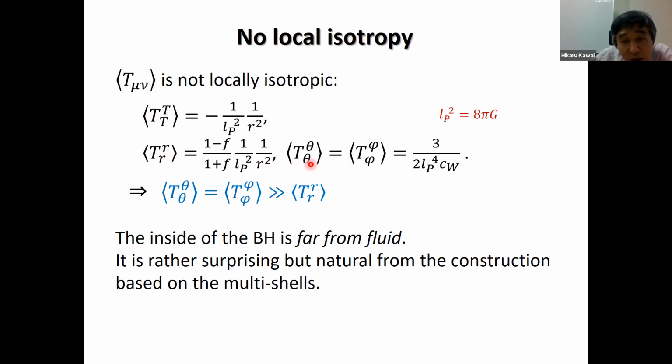But the tangential pressure is order 1. So in this sense, tangential pressure is much larger than radial pressure. So the inside of the black hole is far from fluid. This result is rather surprising, but natural from the construction based on the multi-shell models.